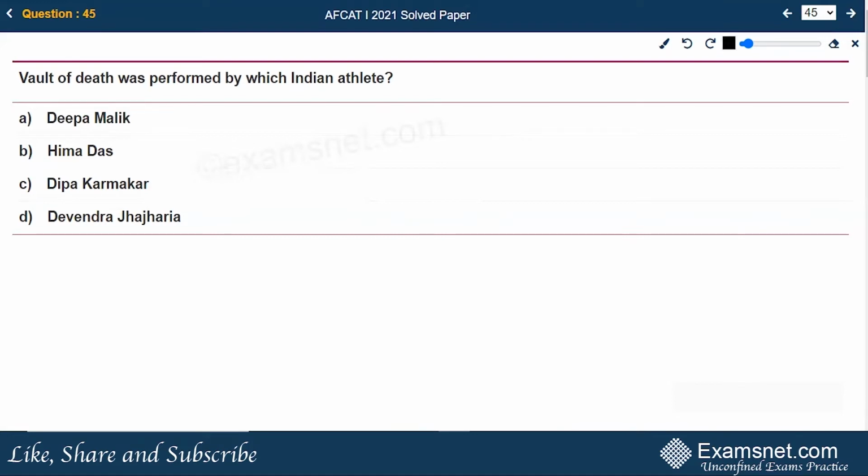At Rio 2016, Deepa Karmakar became the first Indian gymnast to represent the country at an Olympic Games and inspired many with huge-hearted performances that left her a whisker away from stepping onto the podium. So the answer to this question is Deepa Karmakar. She is one of only 5 women ever to have executed it successfully.